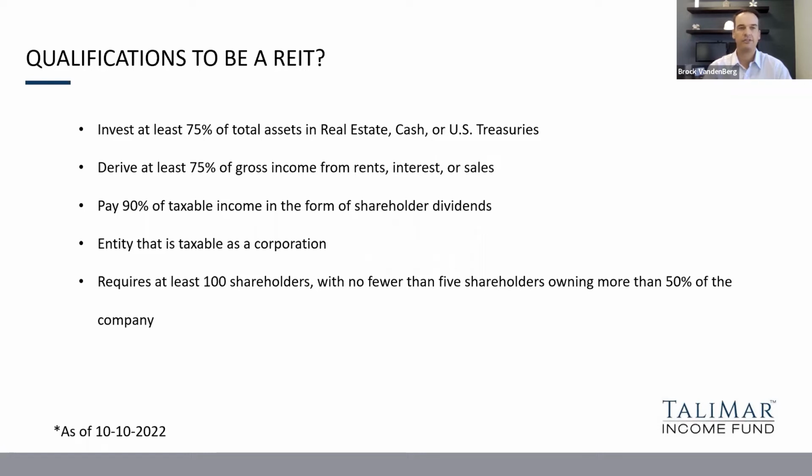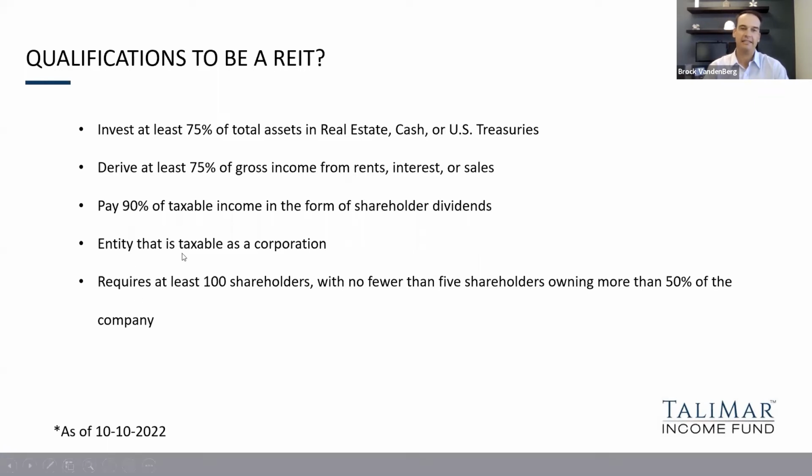which flows into the next bullet point, which is 90% of the taxable income has to be paid out in dividends. So all that income that's generated by the REIT, 90% of that has to get paid out to all the shareholders of the REIT. If it doesn't, there are some tax consequences with that.